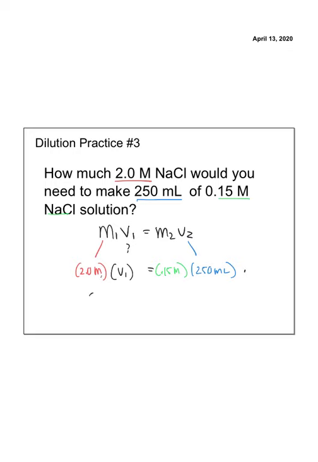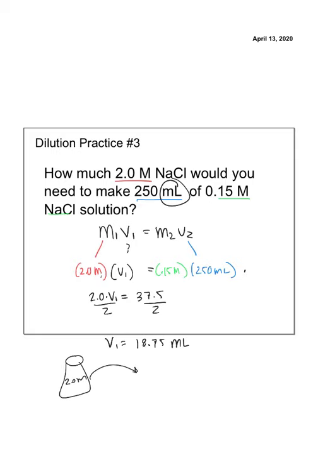So we're going to take 2.0 times V1 is going to be equal to 250 times 0.15, 37.5, divide both sides by 2. So V1 is going to be equal to 18.75, and we'll match the unit, milliliters. So here's what that means. I need to take, say I have this strong bottle of 2 molar, I need to take 18.75 milliliters of it and put it in a new container.